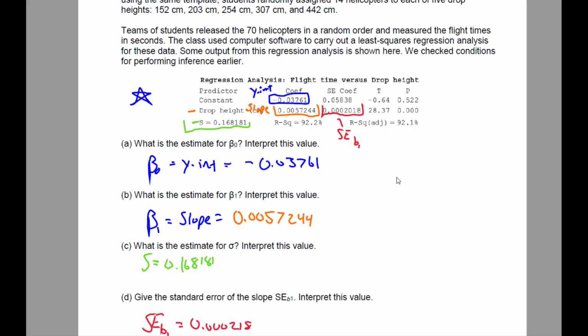Then your standard deviation is your S value in the green, and then your standard error of the slope is listed under the standard error coefficient for the context of the problem, in this case the drop height, in red. Those values will always be in that order. Of course, the numbers will be different depending on the problem, but that is how it's always going to be laid out every time, okay?